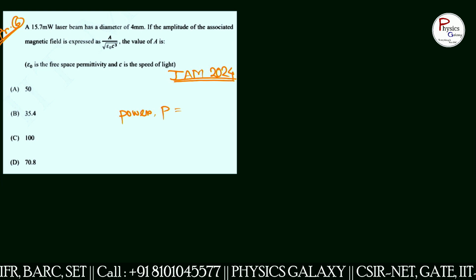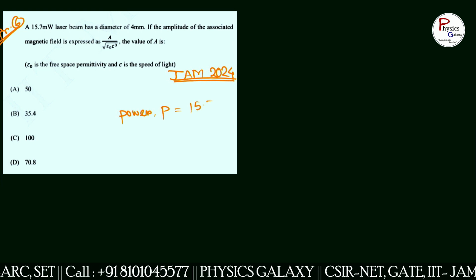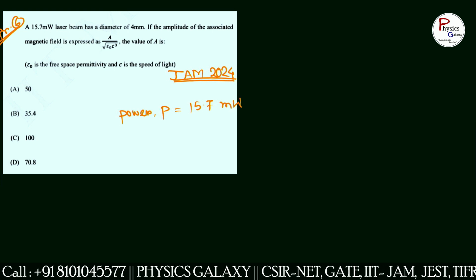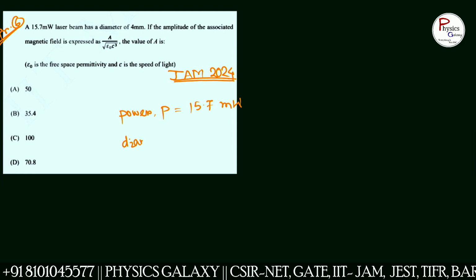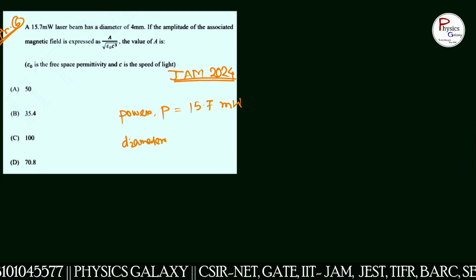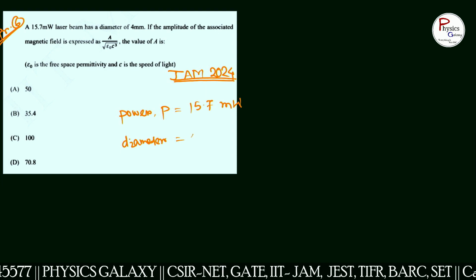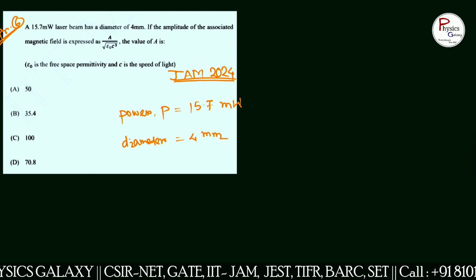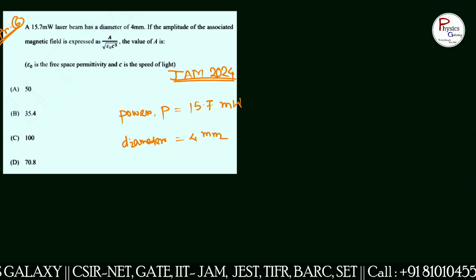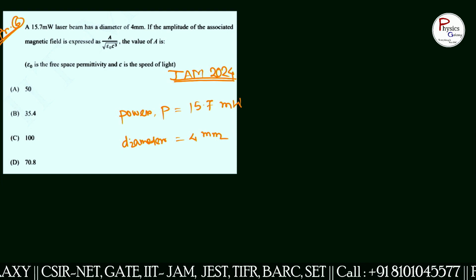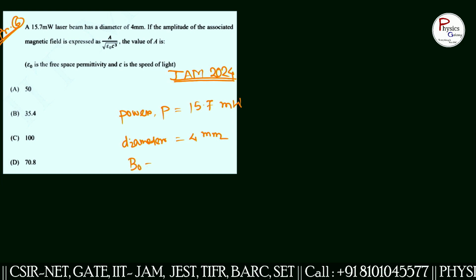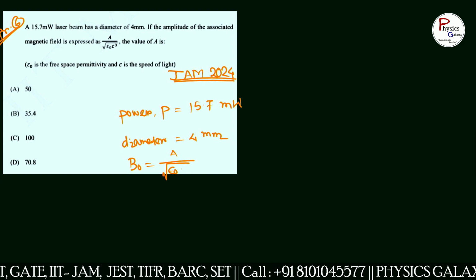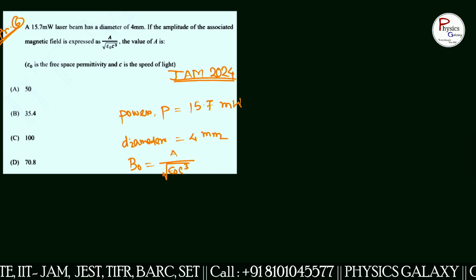Power P equals to 15.7 milliwatt, and diameter of the laser source equals to 4 millimeter, and the magnetic field B0 equals to A by root under epsilon 0 c cube.